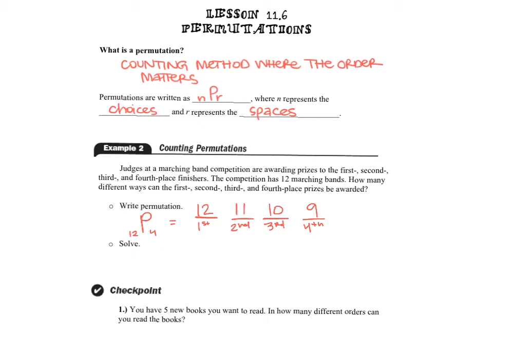Now, to figure out how many different ways these can be awarded, which is what the question is asking, all I have to do is multiply these 4 numbers.